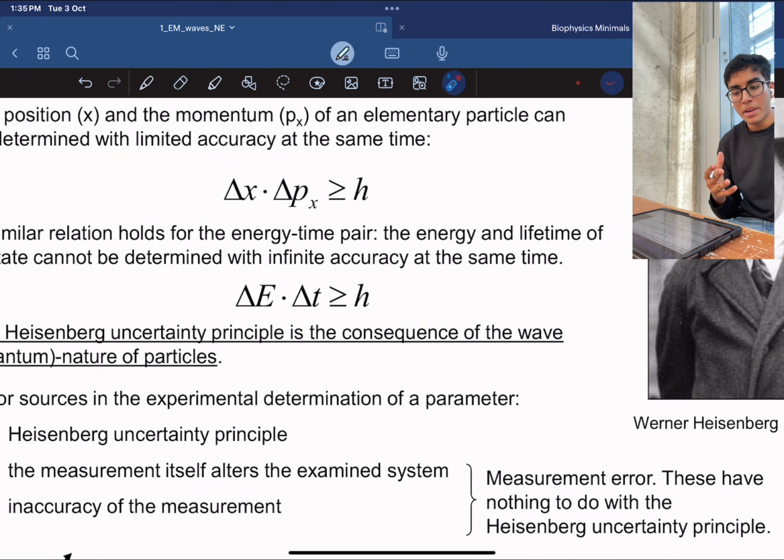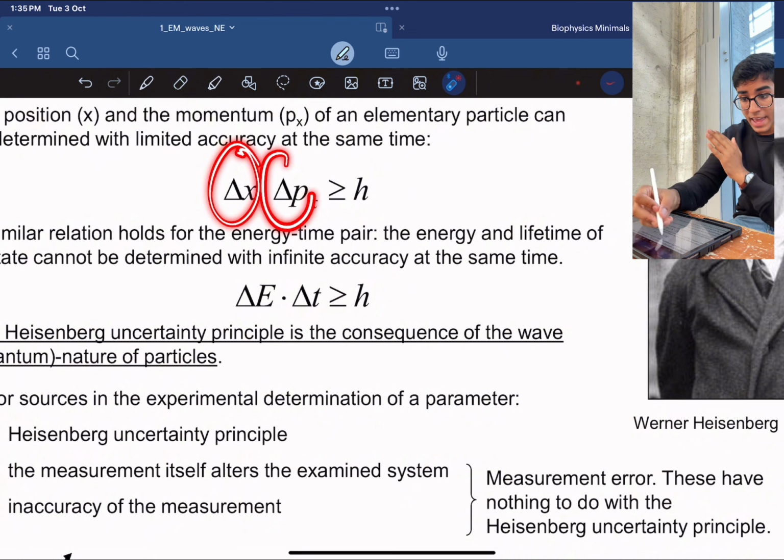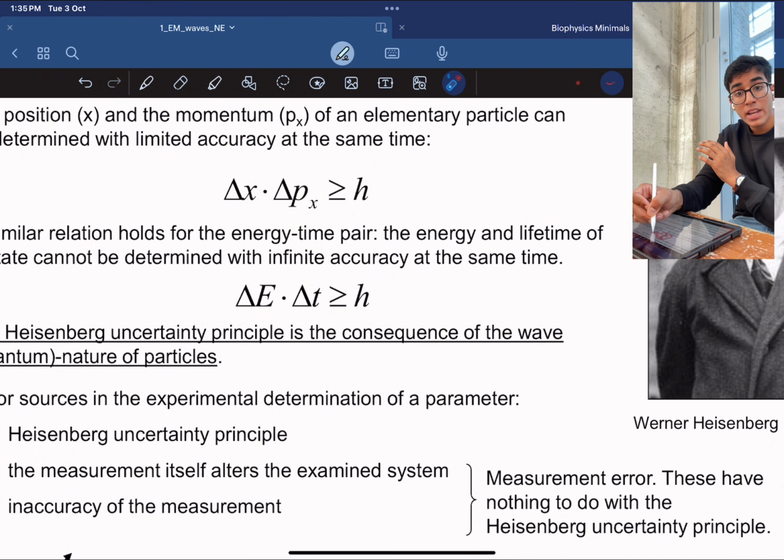So now what starts happening is the slit is getting narrower and narrower. That means the position is getting more accurate. And at one point, if we take the value of delta x and multiply it with delta p, it turns out it's going to be smaller than h. We're not doing this; this is the universe doing that.